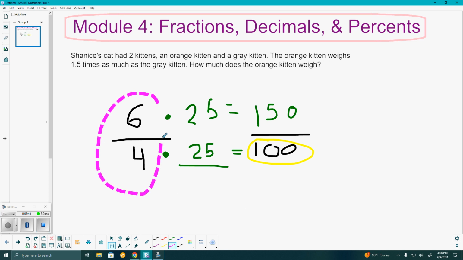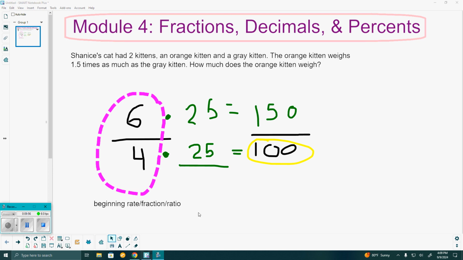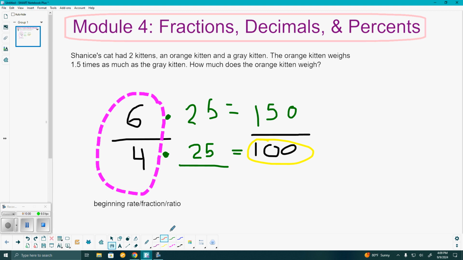Anytime you have your starting fraction, you can call it your beginning rate, your beginning fraction, or your beginning ratio. When you want to multiply or divide a fraction, that's called scaling.